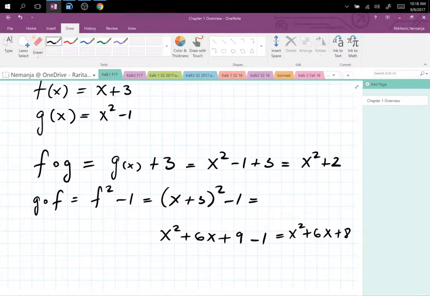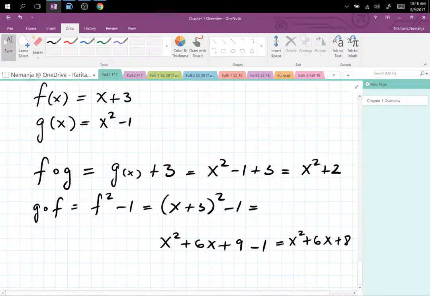So now we have both examples together. So you have function f of x, function g of x. Now guys, those can be square roots, can be absolute values, can be technically anything. And then you have the composition. The first one is the outer function. The second one is the one that gets plugged in.